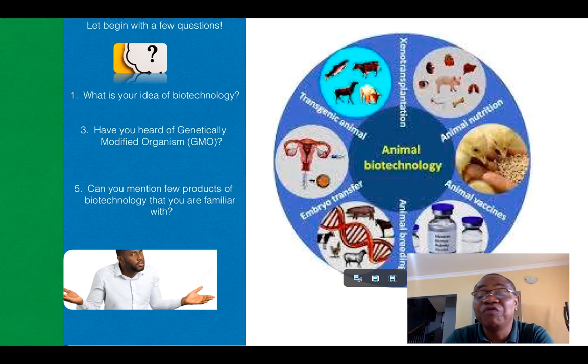Right now we have COVID-19, and we are looking for a vaccine to be able to cure it. All of these are biotechnological products. Animal nutrition. You see, animals being able to eat very little food, and yet their productivity is very high. All of that is biotechnology, okay? And many other things like that.